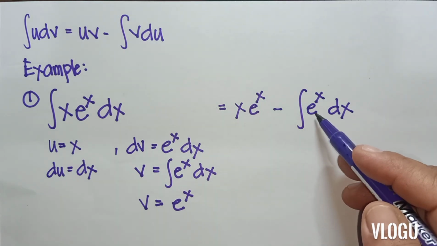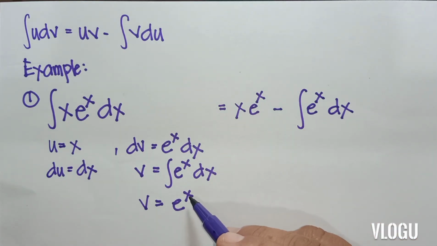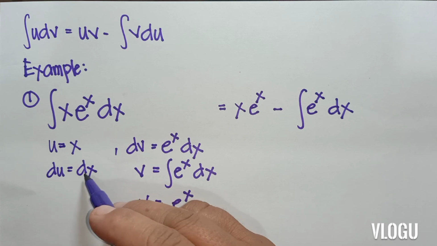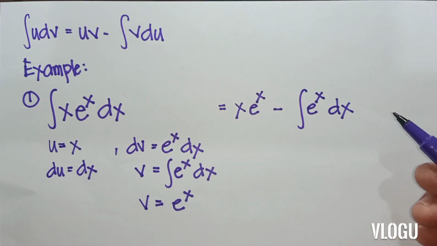Our du is equal to dx. So uv: u is x, v is e to the x, minus the integral of e to the x dx.